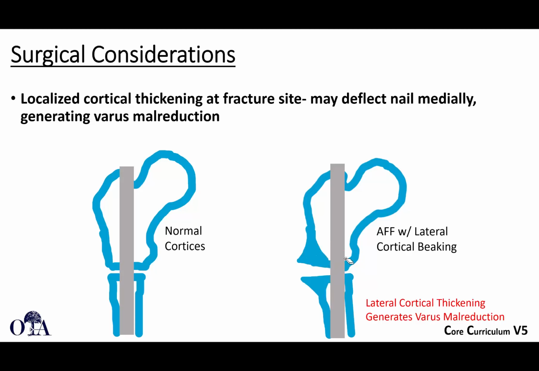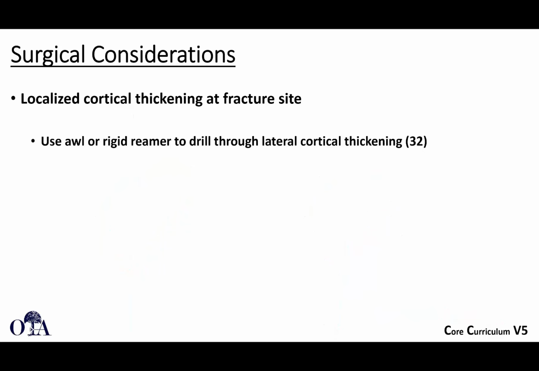So, a very medial start point. You may also have to consider perhaps T-handle reamers or something to open that up a little bit. We talked about blocking screws also, but don't allow yourself to get deflected medially and cause a varus malreduction.